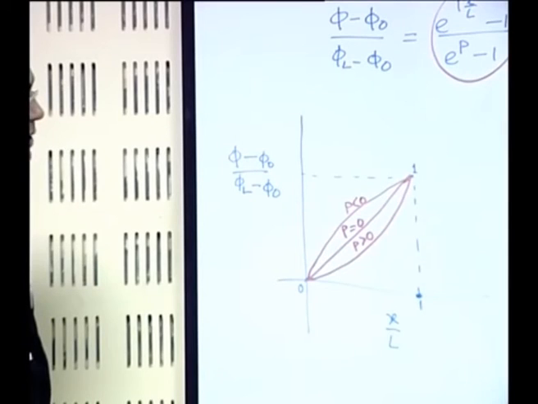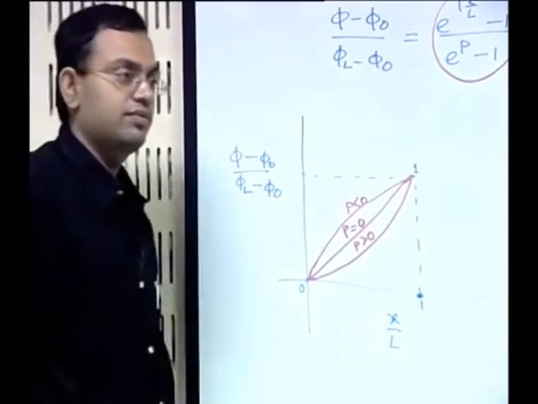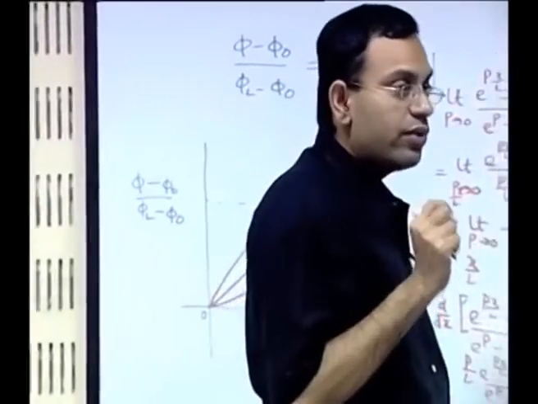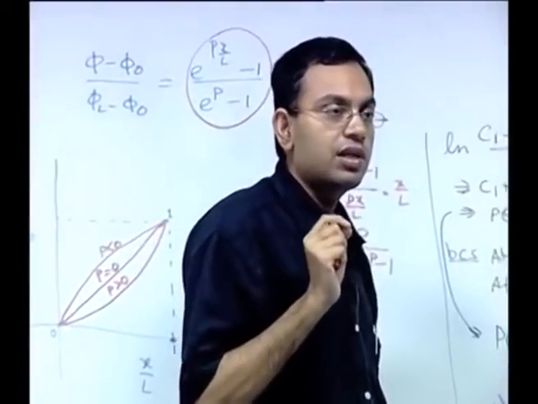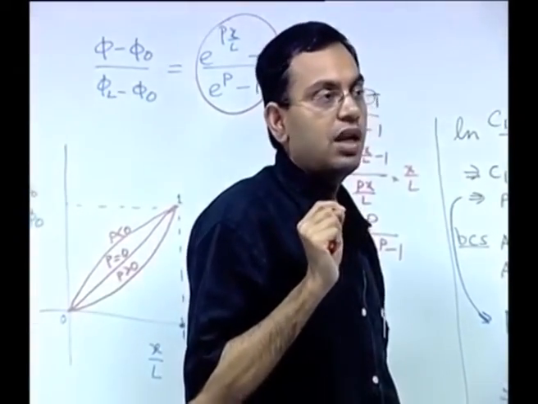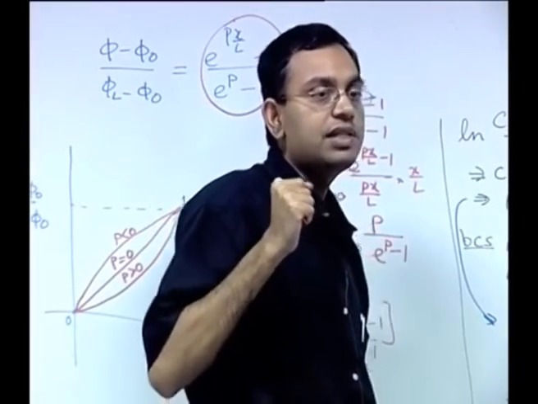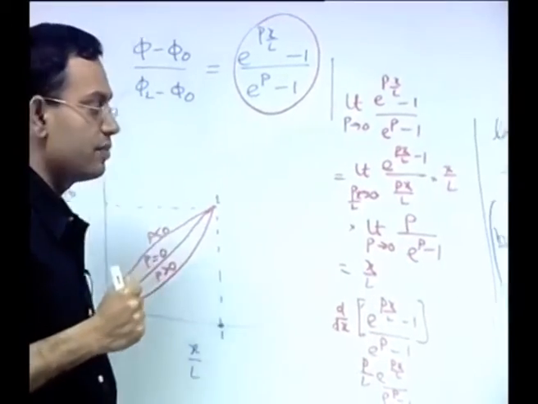What we will do is, we will consider the special limits when p is very large. We have seen that for small p the central difference scheme works nicely, and for large p the upwind scheme may be a physically pertinent scheme.